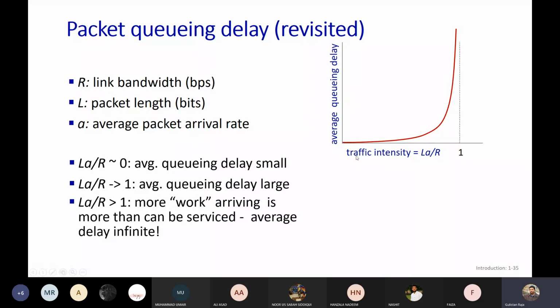This is the traffic intensity, LA by R, and this is the average queuing delay. If LA by R is 0 or near to 0, average queuing delay is small. Look at this straight line. And if LA by R is 1, average queuing delay becomes large. Look at this, ये जो ऊपर line जा रही है.